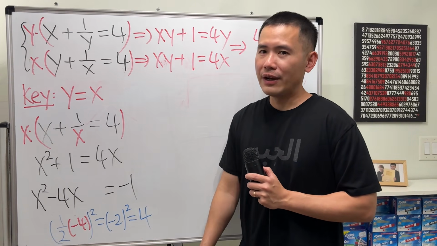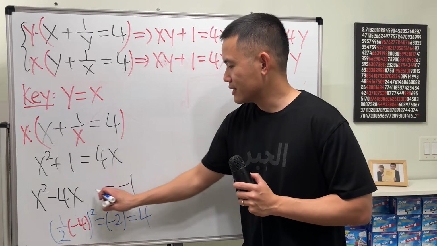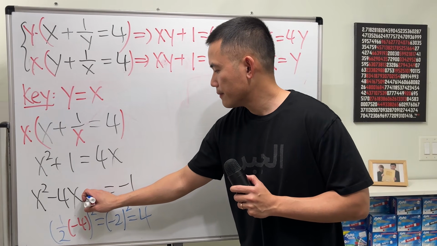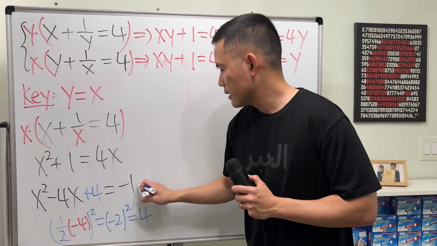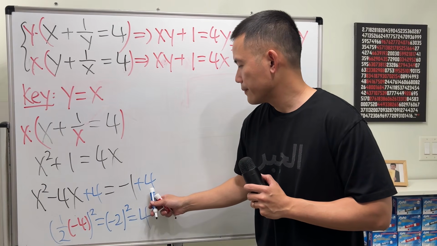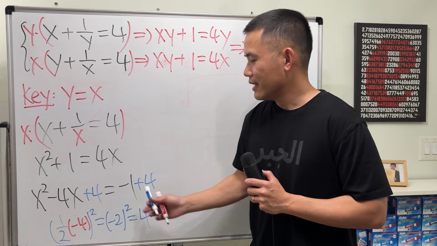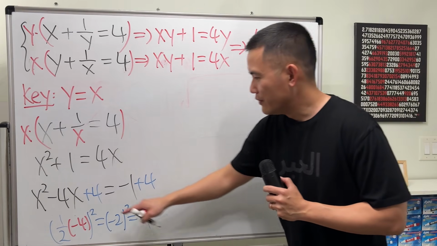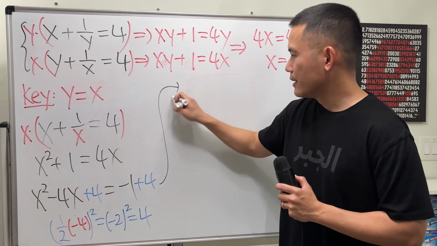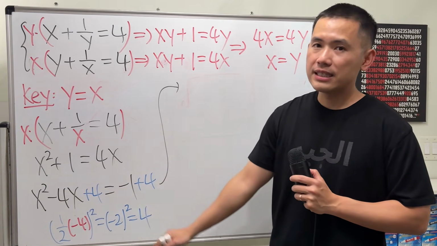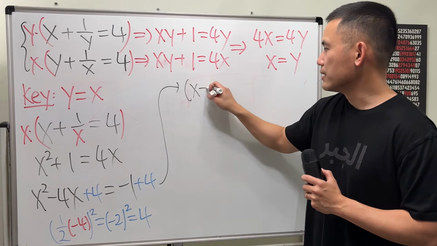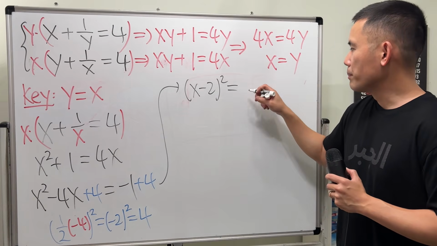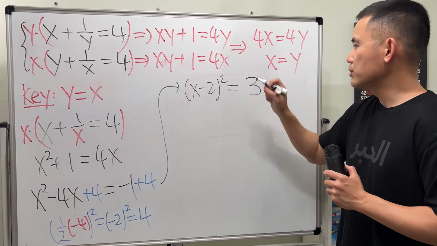This is a number that we have to add to both sides. It also magically appears. And now you can see that if you factor the left hand side, you get x minus 2 times x minus 2, which is just x minus 2 squared. And for this, negative 1 plus 4 is positive 3.